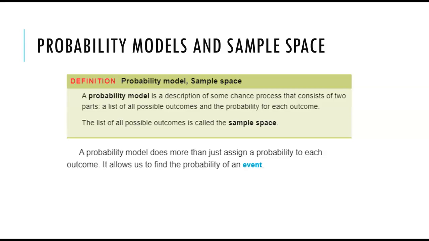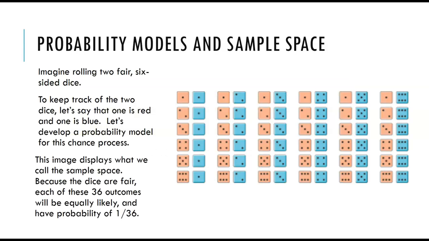So, some definitions. Probability model and sample space. A probability model is a description of some chance process that consists of two parts, a list of all possible outcomes and the probability for each outcome. So if we go back to our previous slide, we've got here a list in picture form. A list can come in picture form. It doesn't have to be a list of words.